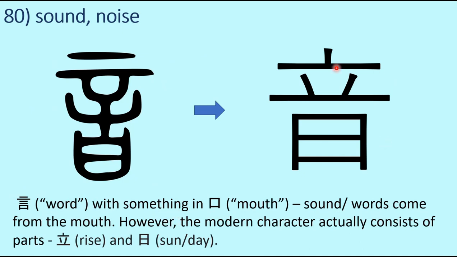However, the modern character, if we look closely, actually consists of the parts rise, this is the kanji for rise, and this is the kanji for sun or day. So it's not very clear why and how sun or day and rise give rise to the meaning of sound or noise, but word and mouth appears more logical.